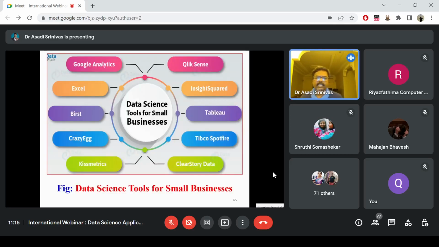These are the data science tools for small scale industries. What they are using: Google Analytics, Excel, Burst, Crazy Egg, Kissmetrics, ClickSense, Insight Square. These are the data science tools for small business.